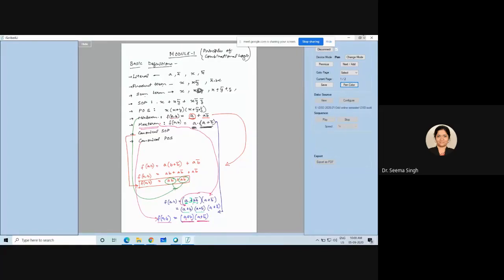Same way, when you talk about canonical sum of product, if it is a two variable thing, each min term should have all the variables. So this is about your definitions and basic understanding of the terms related to combinational logic.